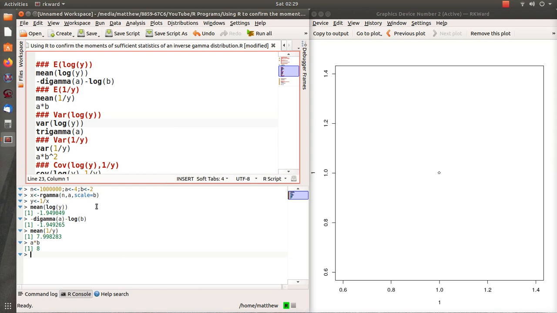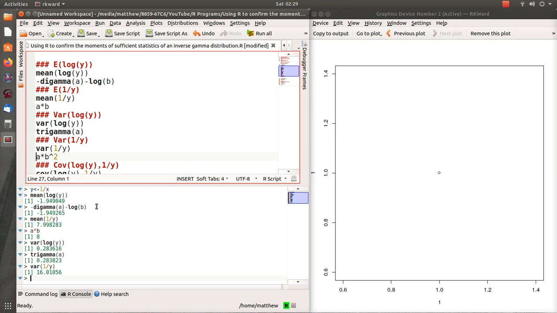The variance of the log of y, the simulated result is 0.28. The theoretical calculation is the trigamma of alpha, which is 0.28, the same. The variance of 1 over y, the simulated result is 16.0.